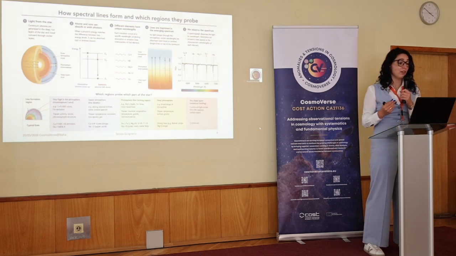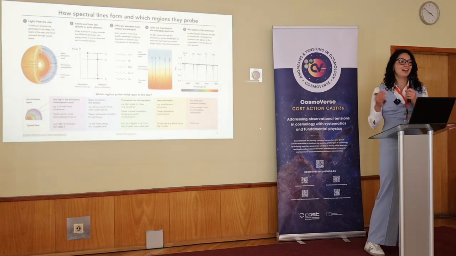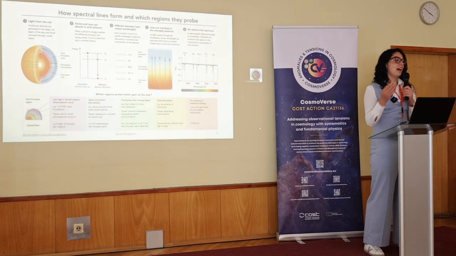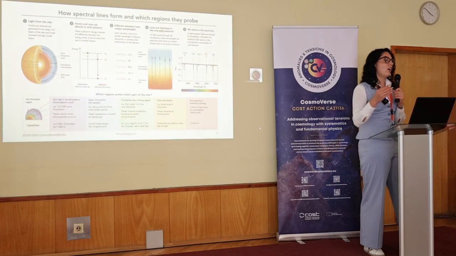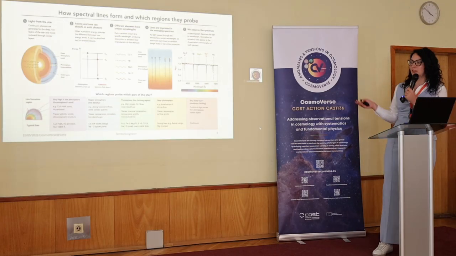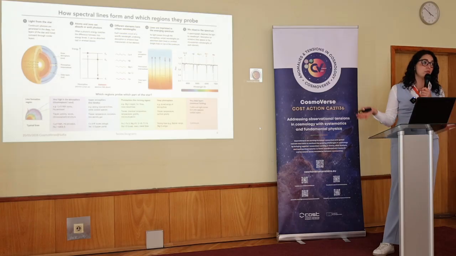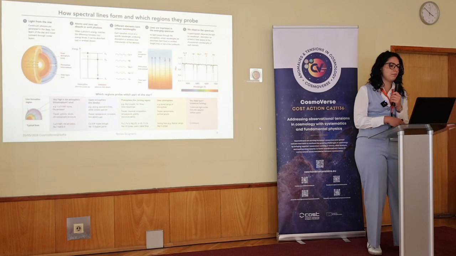We have this strange way of talking. So now we know from theory that iron lines are traces of the external part of the atmosphere. But to do this, we also need to study this in the laboratory.